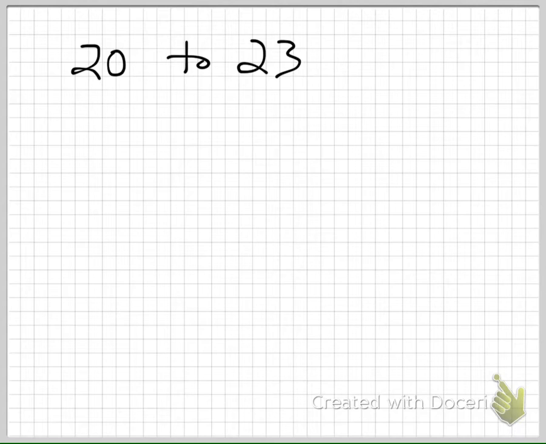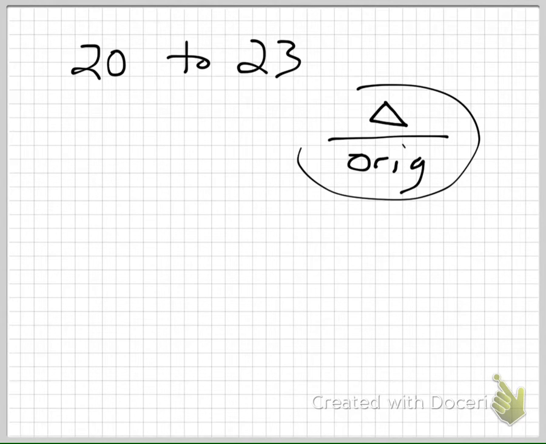Here's what you do. Here's the formula, okay? It is the amount of change over the original. This is what yours should look like. The triangle symbol in math means change. Okay? The triangle symbol means change. So that's what you should write.